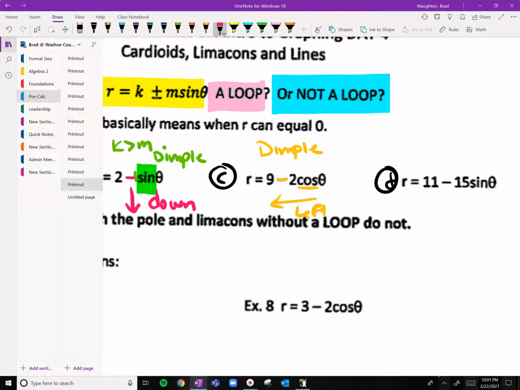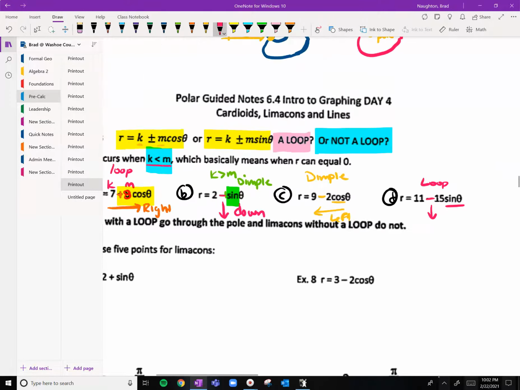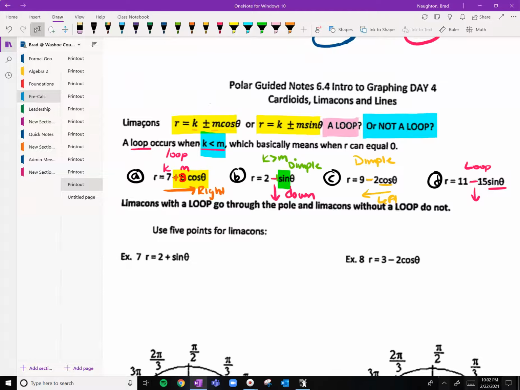And then right here, this one's going to be a loop because my trig is bigger, and it's going to be going down because it's a negative sine. Easy enough? So again, that's some stuff that you should be able to read for your circles, your limacons, and your cardioids: which way is it going? Cardioids are like pants. That'd be legit.